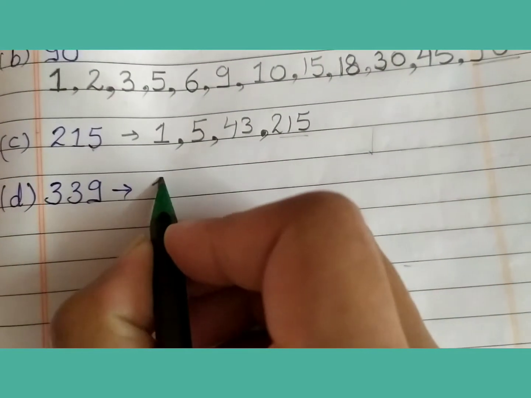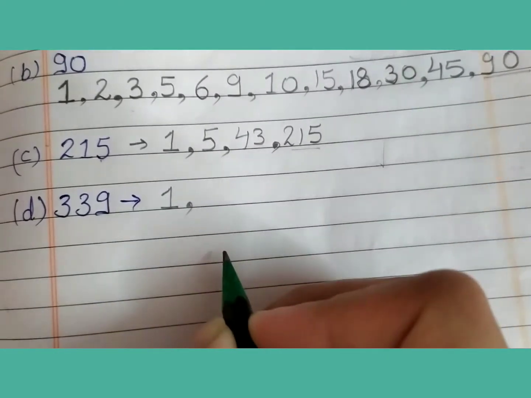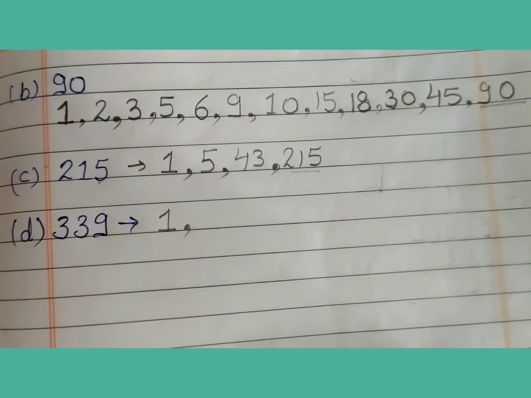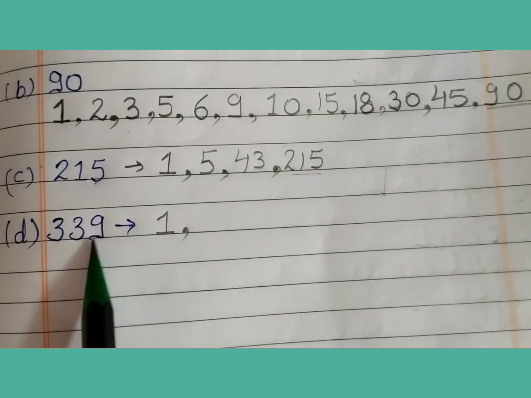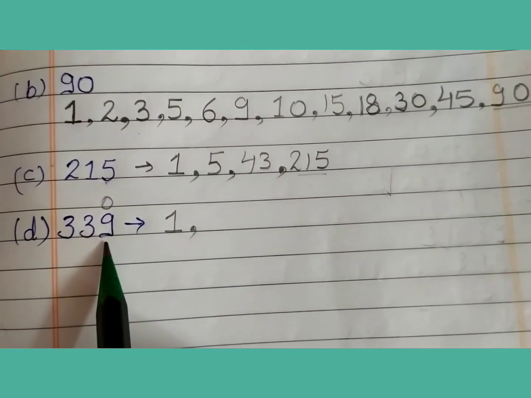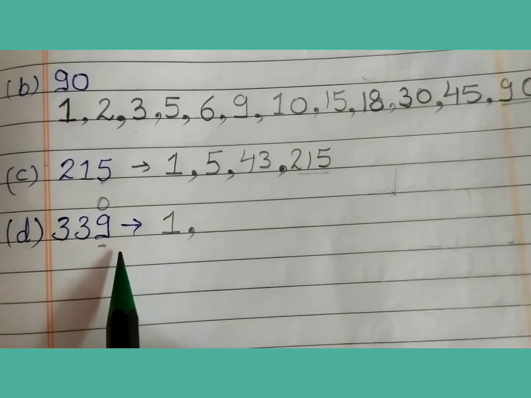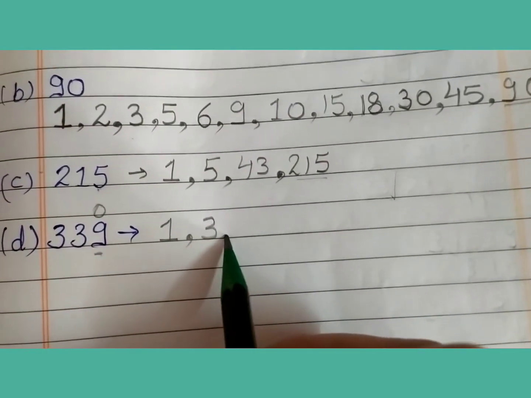339. 1 is a factor of every number. Write 1. 2 is not a factor of 339, because on the place of ones, an even number is not present. Next factor is 3.